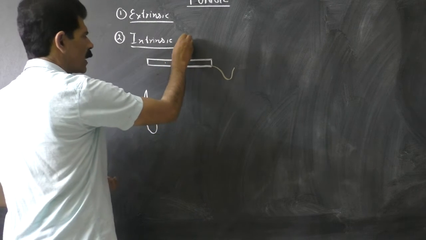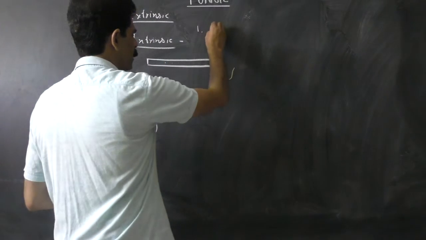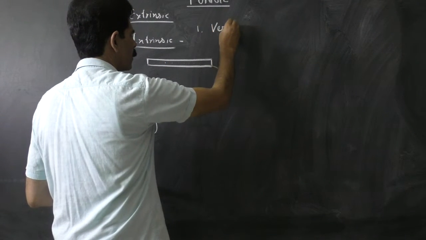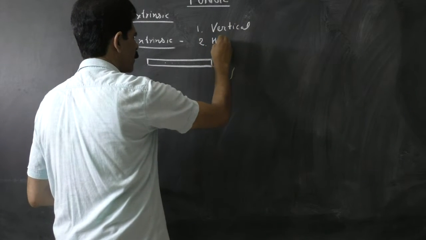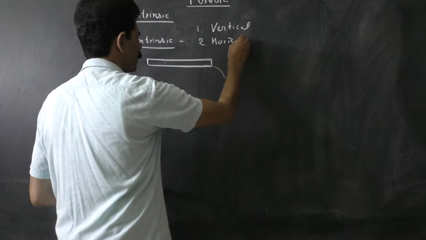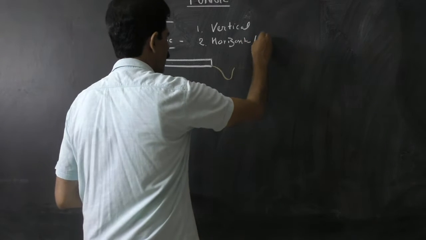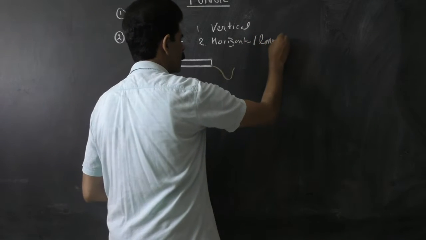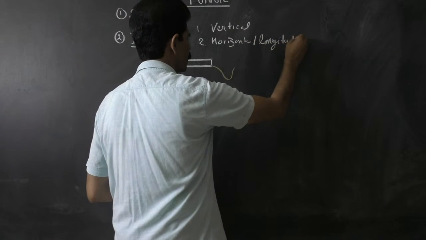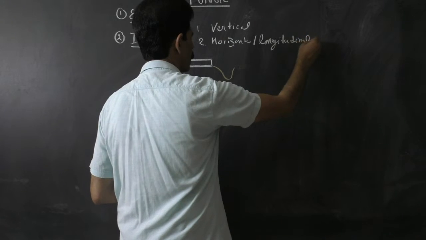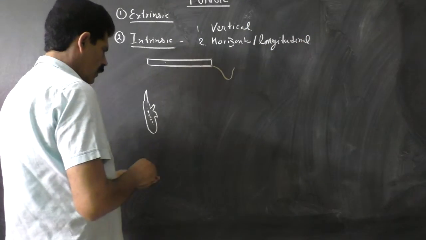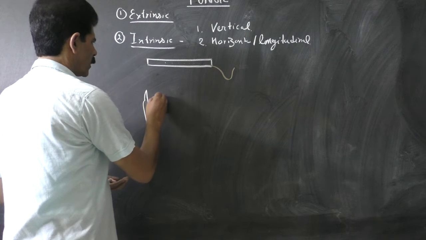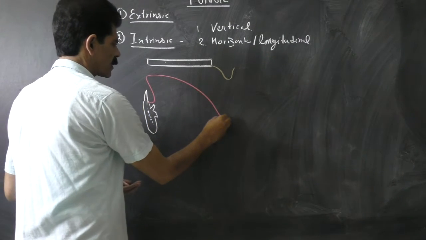The intrinsic muscles are the vertical group and the horizontal group. Horizontal is also called the longitudinal. So the thickness of the tongue is because of these muscles.